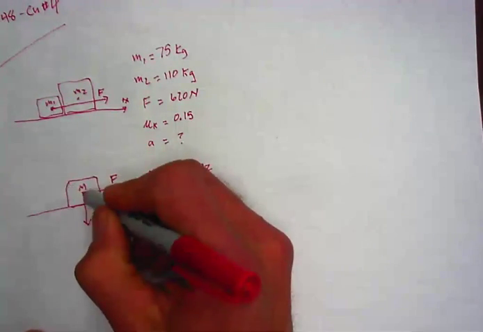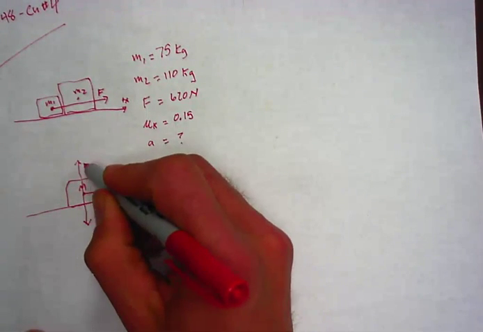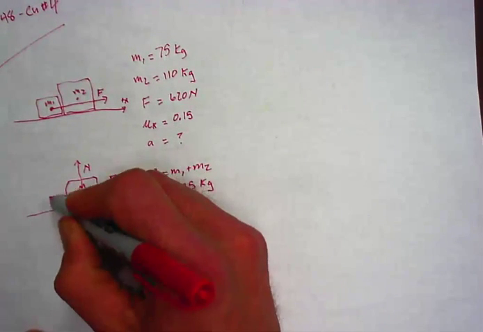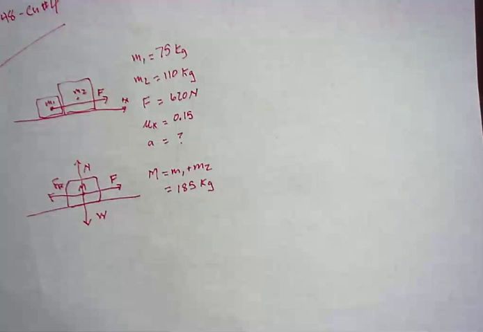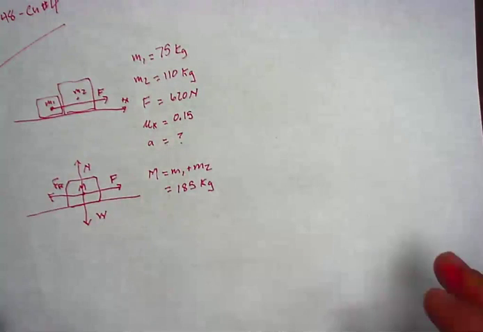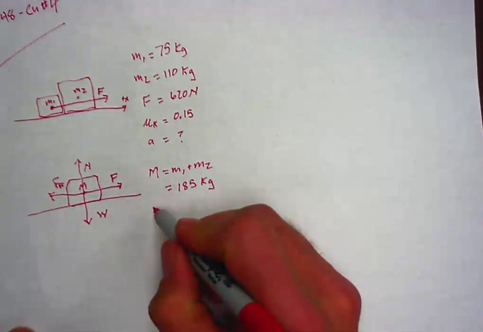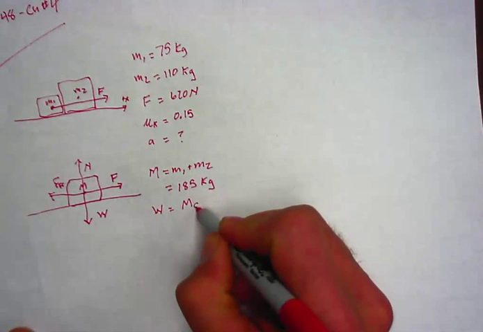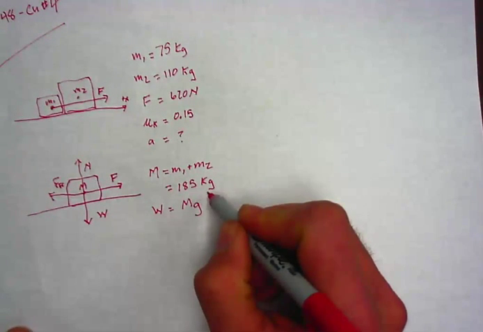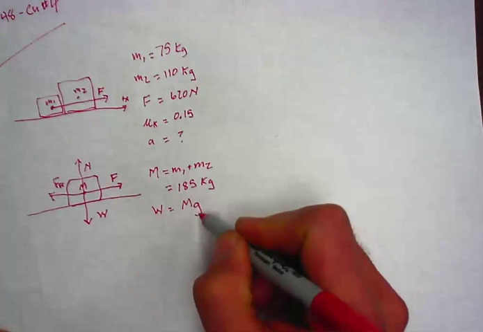So I have the weight pointing down, I have a normal force, and I have a force of friction, and I need to find the acceleration. Well, that shouldn't be too bad. Let's write out some things I know here. The weight would be equal to capital M, 185, times g, 9.8.